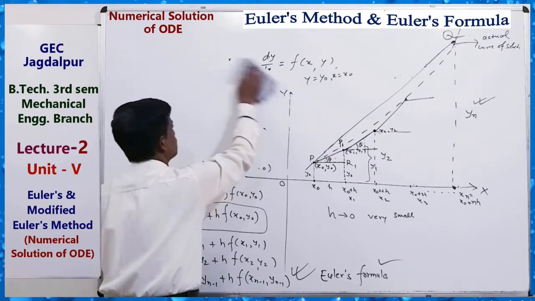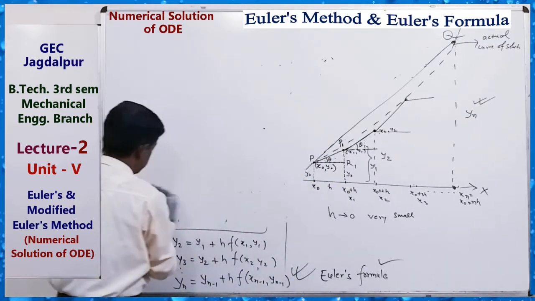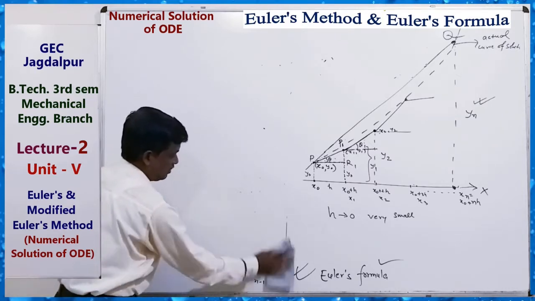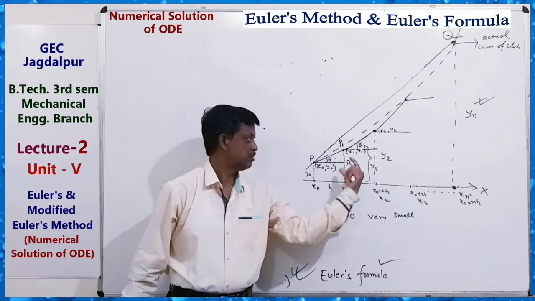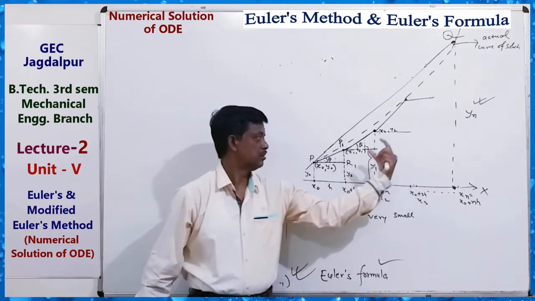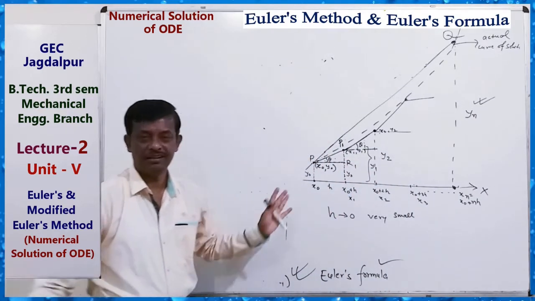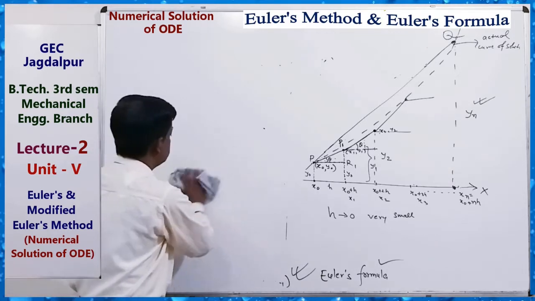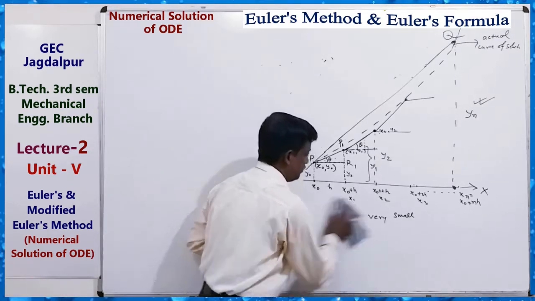By using this Euler's method, we have to solve, we have to approximate. This is our approximation. This is the original initial value, first approximation y1, second y2, third y3, up to the targeted value. By dividing this interval, we have to decide how many stages there are.